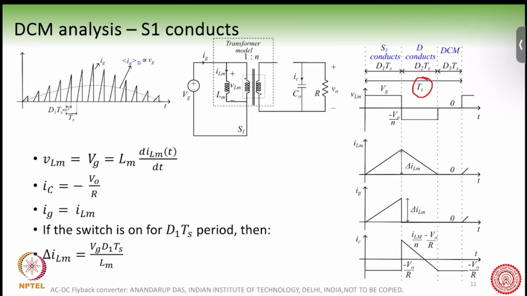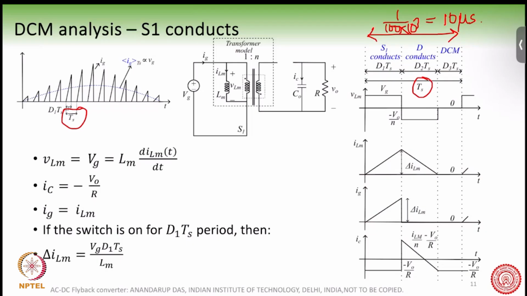If it is 100 kilohertz, this value will be 1 by 100 kilohertz, which is about 10 microsecond. So we are in a very small window out of this overall 10 millisecond window. This is where we are now, and we are trying to analyze that switching cycle.